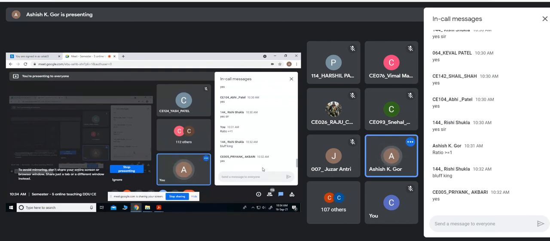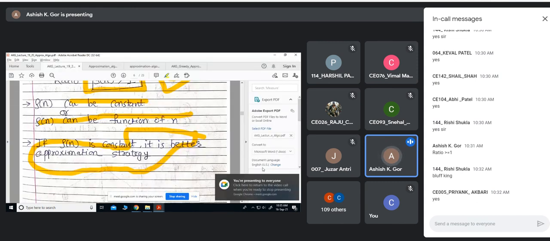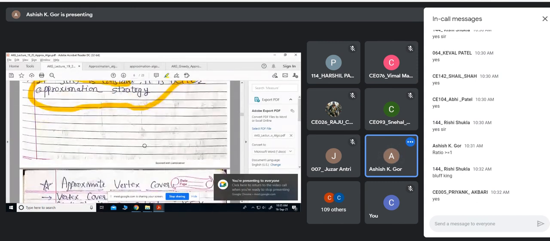But still, it is acceptable because in many real-time problems, it's not necessary we must have an optimal answer. If we have it, it's very good. But if we don't, still we will accept it because we have a finite time. We want a solution in finite time which we would take and go ahead. So these are the three very important things.